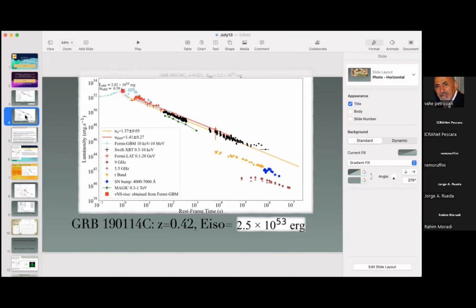Now you have the afterglow in yellow, in X. You see in the X-ray, dark, okay? X-ray afterglow. That is synchrotron emission.